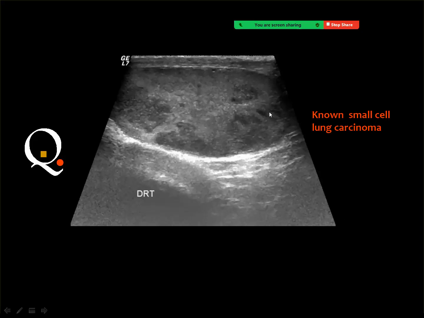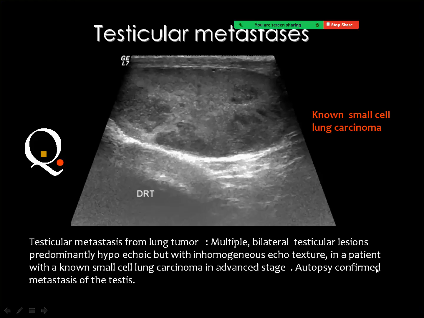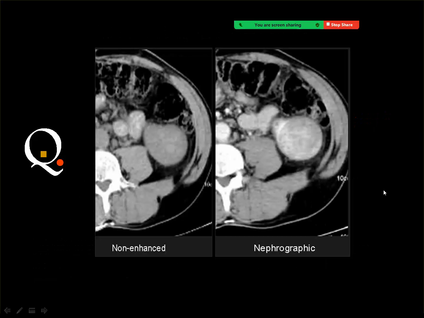You can see multiple hypoechoic lesions within the testis. In a case where you know that there is a known primary malignancy, you should consider that these lesions belong to the primary, and these were, sorry, testicular metastatic deposits from the lung cancer.